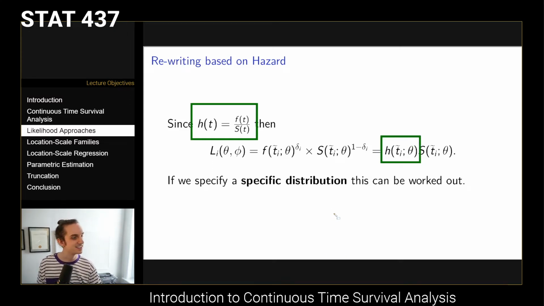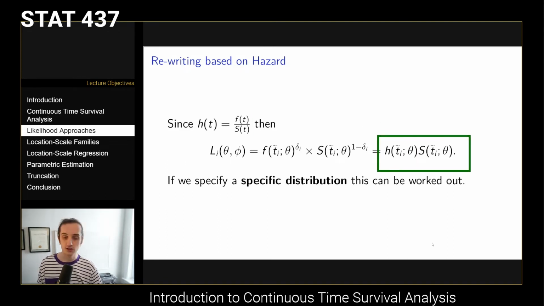I'll correct that in the slides. And so if we've specified some specific distribution, then we can work out this likelihood, because given a specific distribution, we know the form of the hazard, we know the form of the survivor function, and we can just use maximum likelihood in order to estimate this, okay?